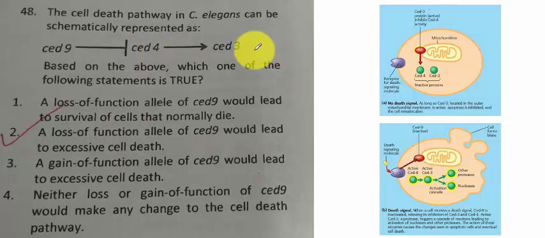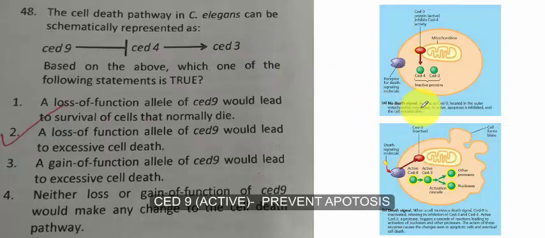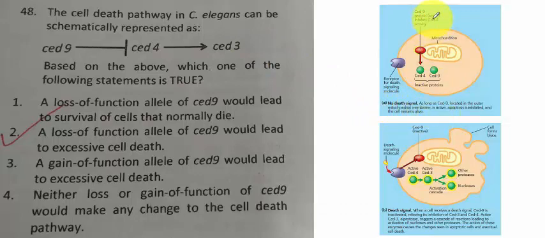So let's come to the pathway. First, when there is no death signal, the CED9 protein in the mitochondrial membrane generally inhibits the CED4 activity. CED4 is dependent upon CED9 protein activity, and as long as CED9 is present on the mitochondrial surface, it inhibits CED4 protein activity.